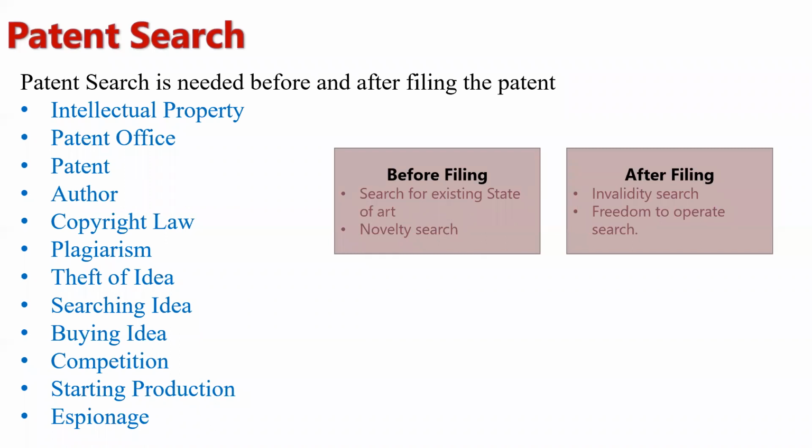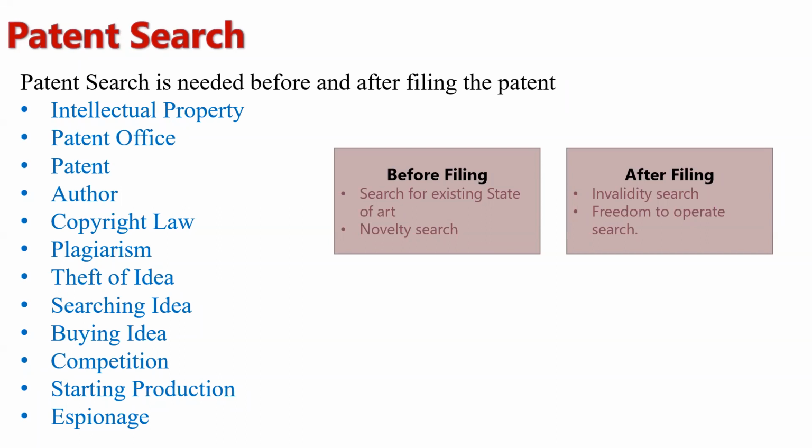This patentability search is the most common search. Generally people directly do the novelty search, and then once I have completed the patent process and filed the patent, I can do the search called invalidation search.